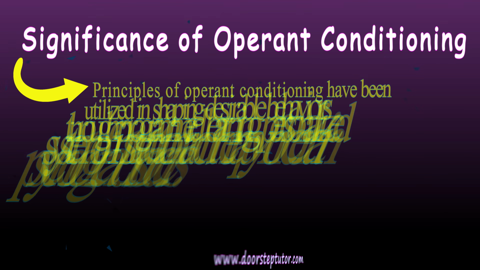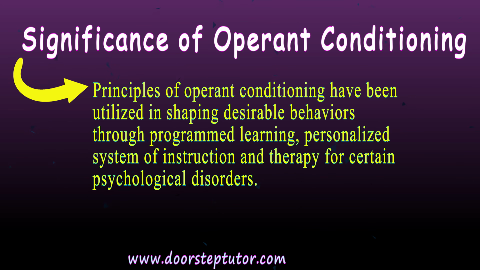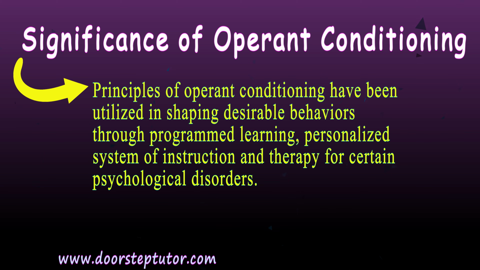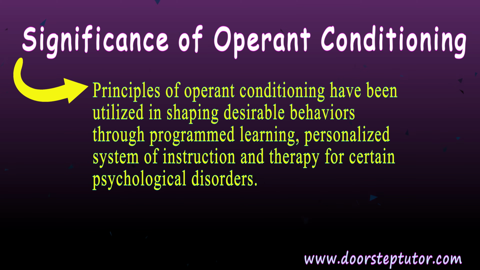Number 2, operant conditioning also helps in shaping the desirable behavior in the students through programmed learning, personalized system of instruction, and sometimes certain psychological disorders can be cured by the principle of operant conditioning. Some mental disorders can also be cured by using the principle of operant conditioning.